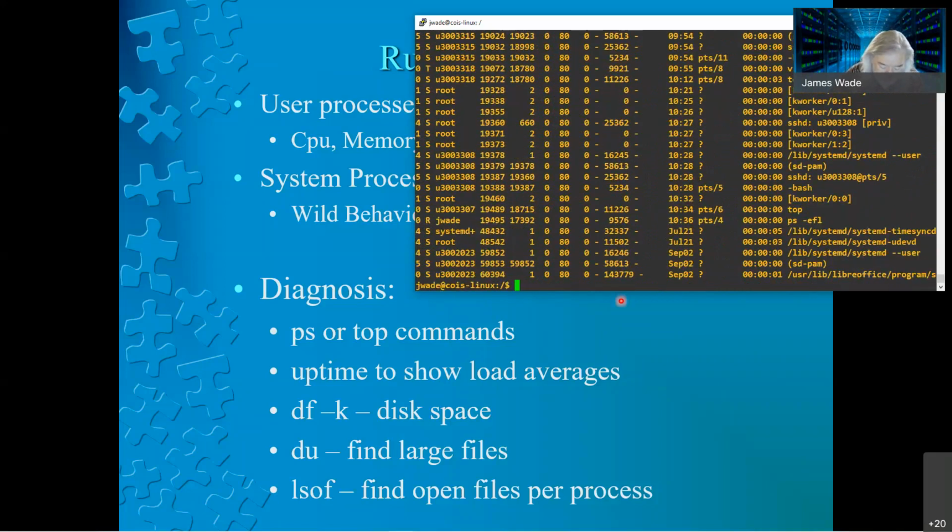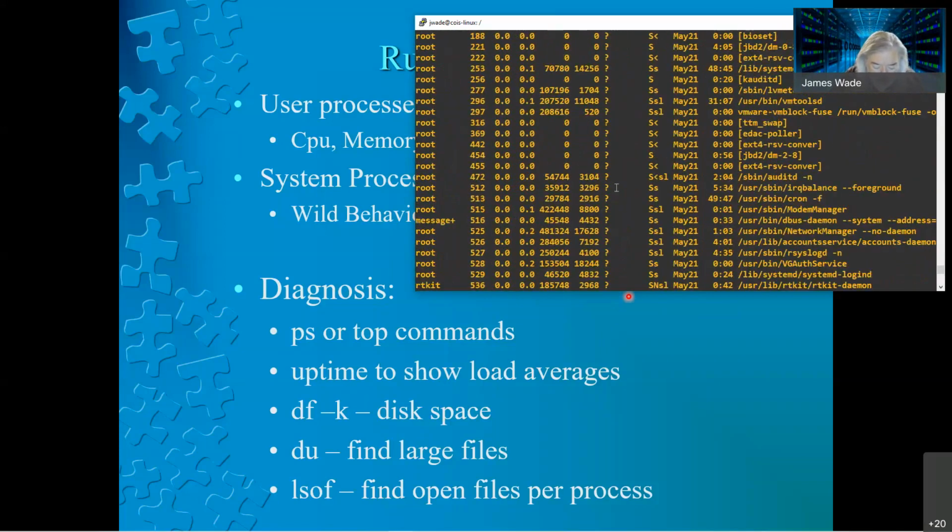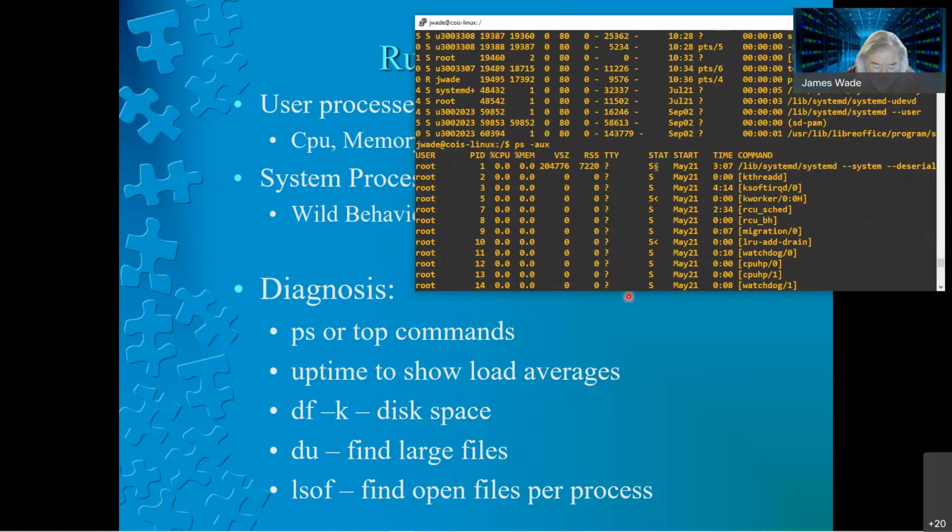Let's do the other one, ps -aux, and this one is going to show me the CPU and memory. But I really don't use these as much, I will admit.